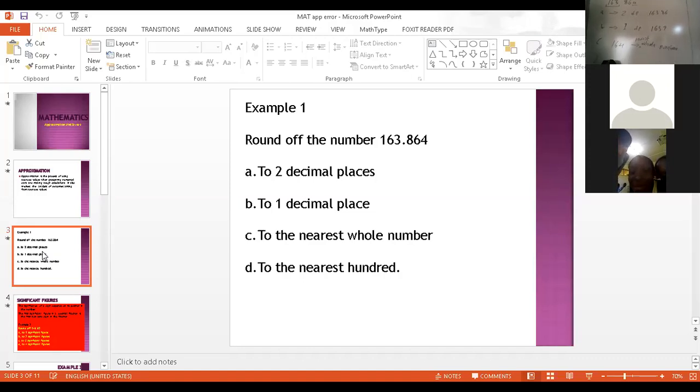So you get your answer to be 200. That is to the nearest 100. It's nearer to 200 compared to 100. All right. Are you all following? Good.